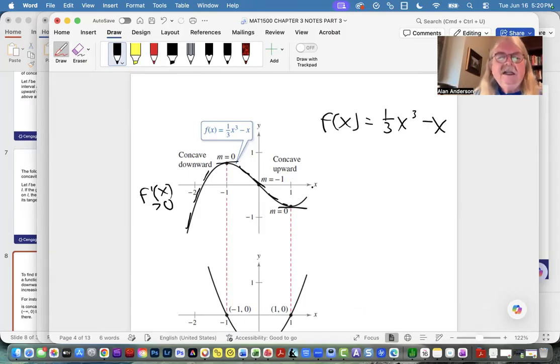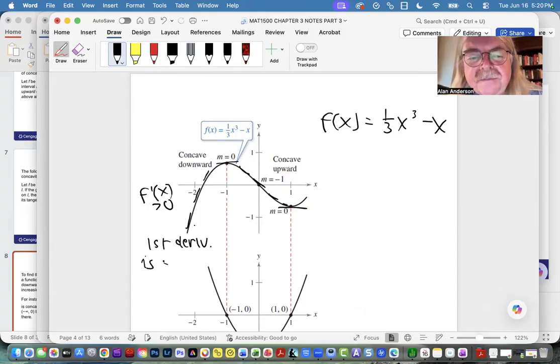But having said that, now if you notice over here, while they're all positive, the first derivative is positive, but it's shrinking as x increases.